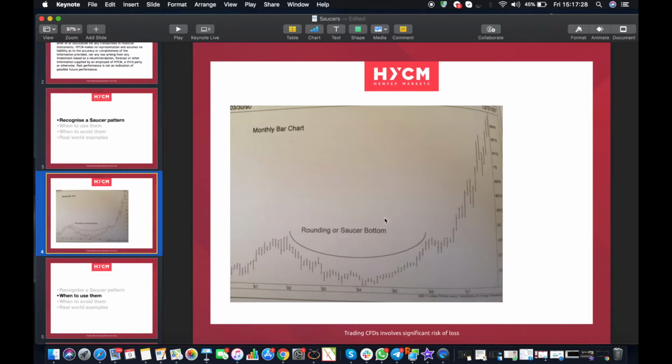They're very slow, they tend to be gradual, but oftentimes these rounding bottom areas mark significant turning points in the market. And you can see this example here, the turning point lasted for 4 years before the pattern was completed, and you can see the top of the saucer was taken out on this firm break to the upside.